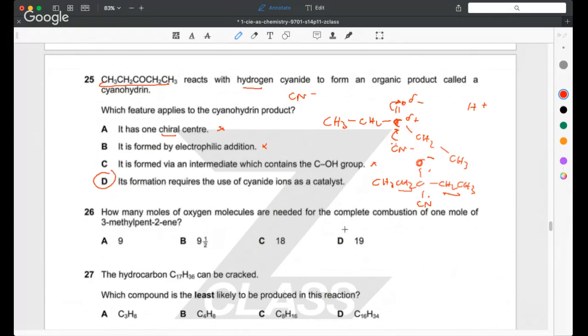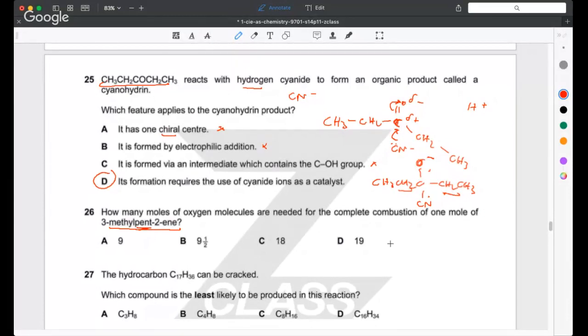All right, complete combustion of 3-methyl pent-2-ene. So really all they're getting you to do here is to convert the name of an organic molecule into a molecular formula. So you've got pent. Okay, so pent is 5, isn't it?